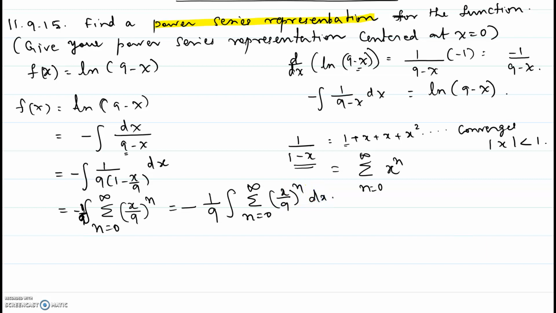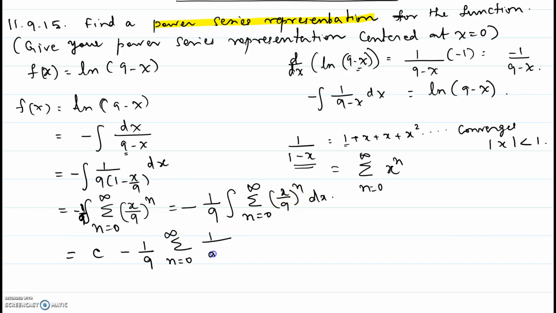Okay, now we are going to integrate each one of the terms. Because this is an integral problem now, there will be a constant of integration. I'm just going to place it in front. So negative 1 over 9. If you integrate each term, it is x to the power n over 9 to the power n.